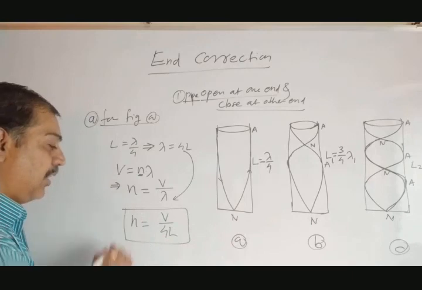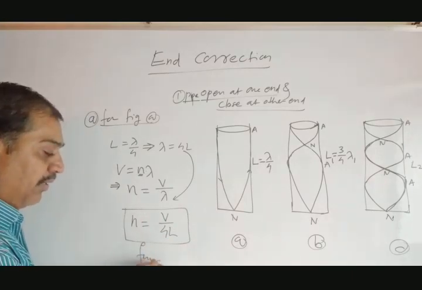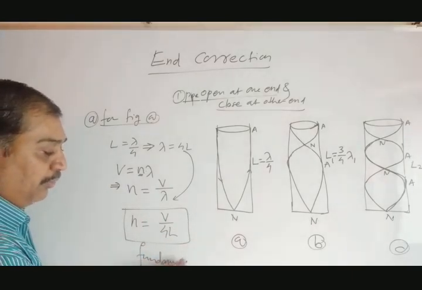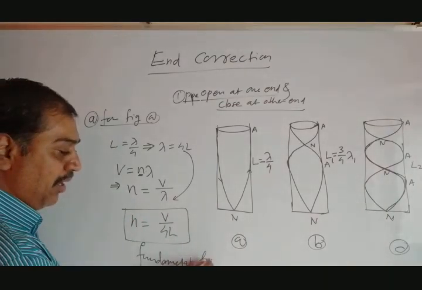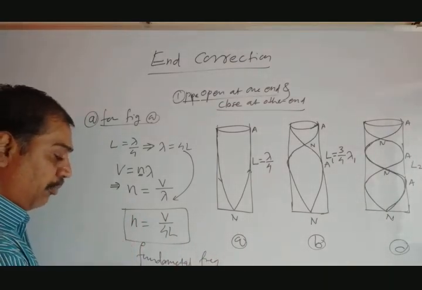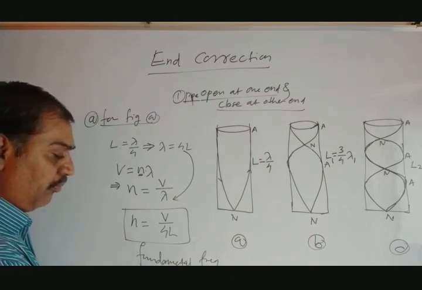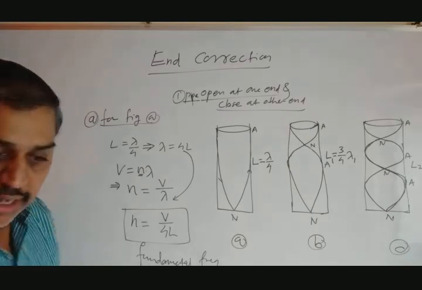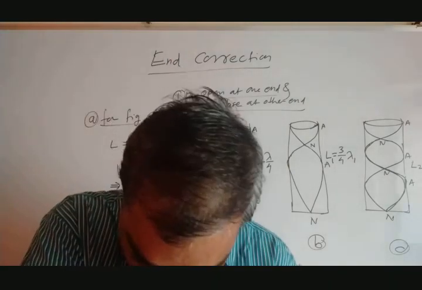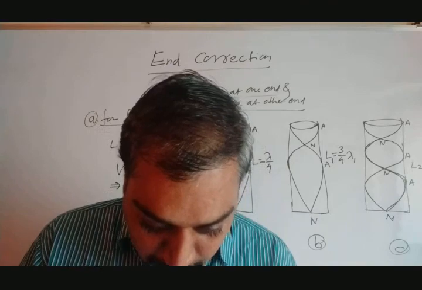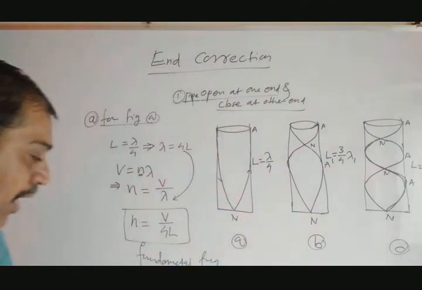So this is said to be the fundamental frequency. First frequency, basic frequency, fundamental frequency, or it is said to be the first harmonic. Just see what they have mentioned, known as first harmonic or fundamental frequency.